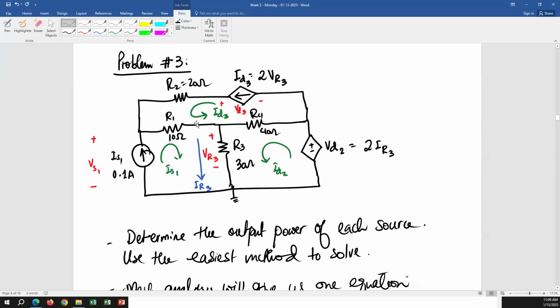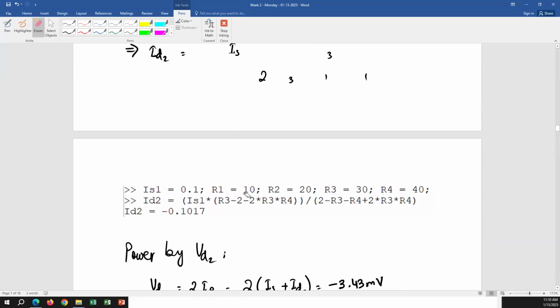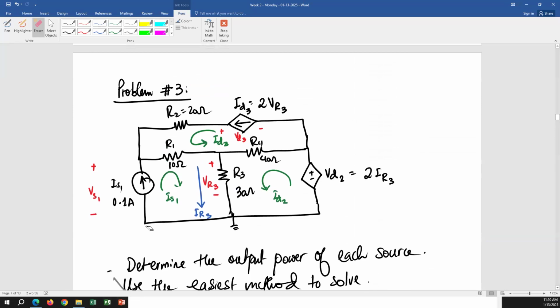So here the voltage is higher and here the voltage is lower. ID3 plus IS1 times R1. So the voltage at this node is going to be IR3 times R3 plus IS1 plus ID3 times R1.